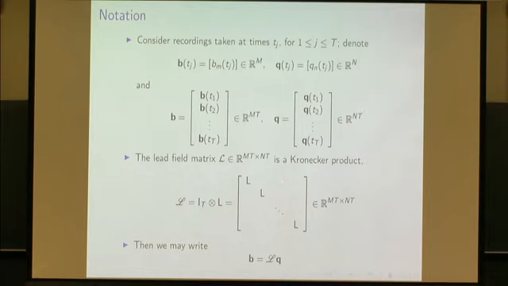This is a sparse matrix, although the diagonal blocks are not sparse. And so now we have this nice B equals LQ, so B equals AX type problem here.